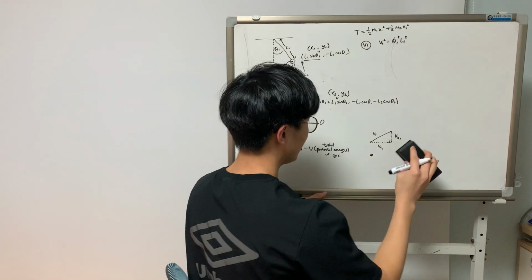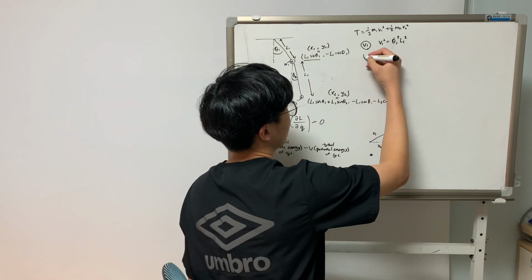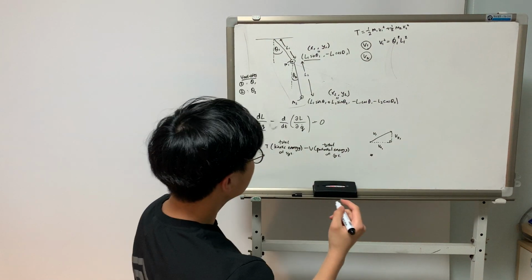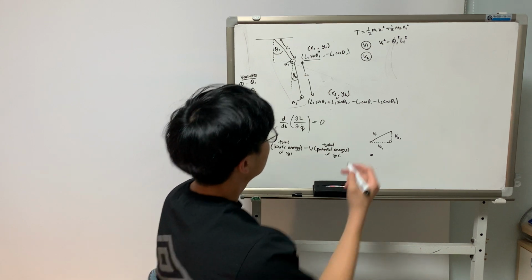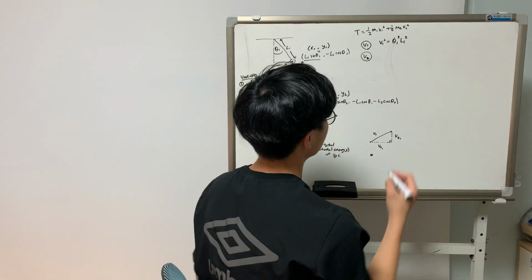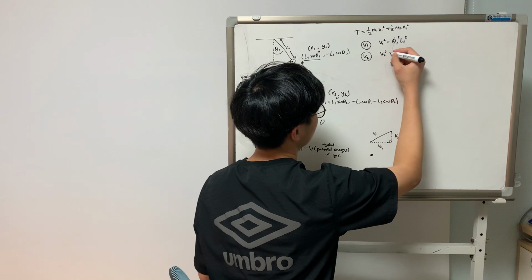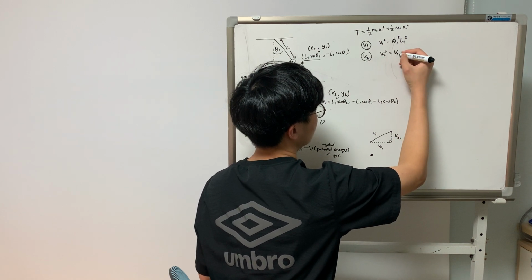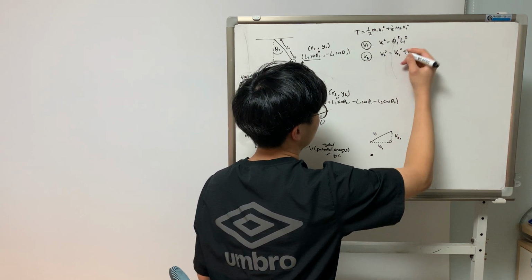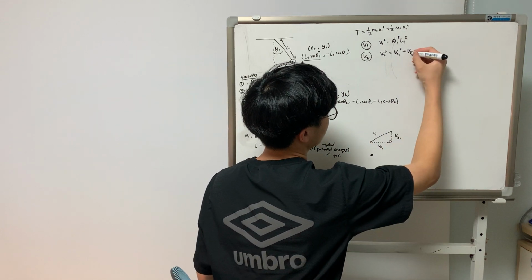Now we have to do the same thing for V2. Now for V2 we do the same thing. We said V2 squared is equal to Vx2 squared plus Vy2 squared.